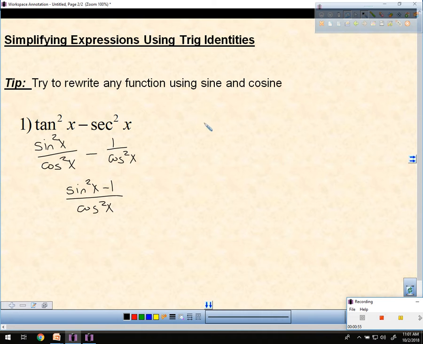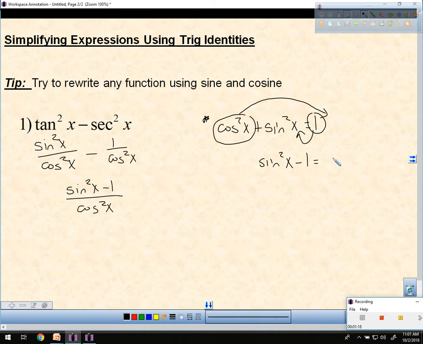Now, I recall that one of my Pythagorean identities is that sine squared plus cosine squared is equal to 1. If I move the cosine squared to the other side and the 1 to this side, I'd have sine squared of x minus 1 is equal to negative cosine squared of x.